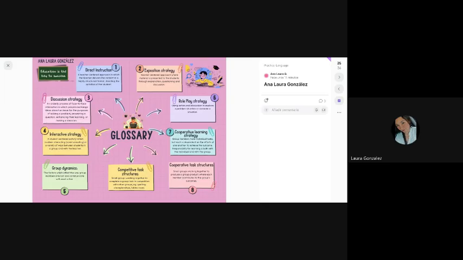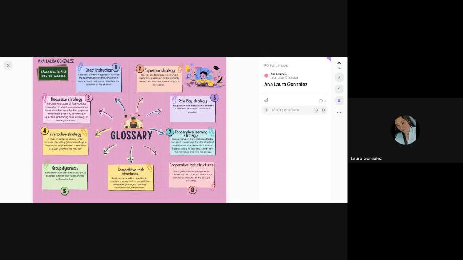The third one is discussion strategy, an orderly process of face-to-face interaction in which people exchange ideas about an issue for the purpose of solving a problem, answering a question, enhancing their learning, or making a decision.